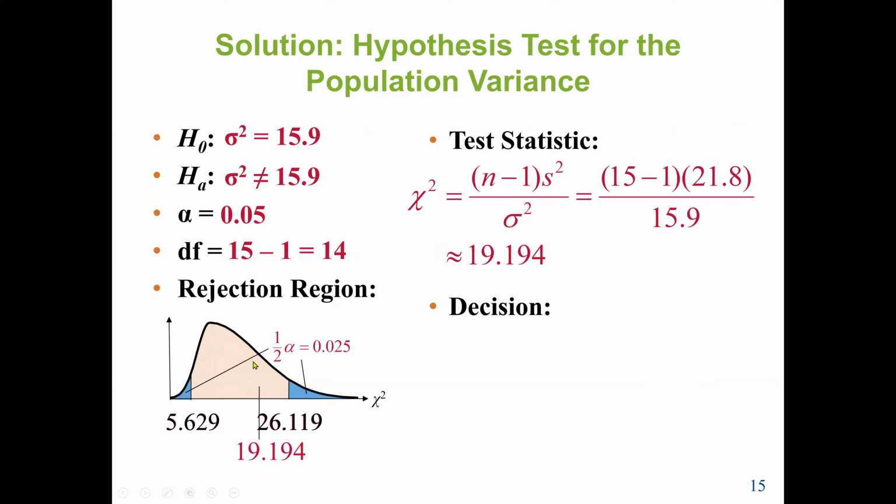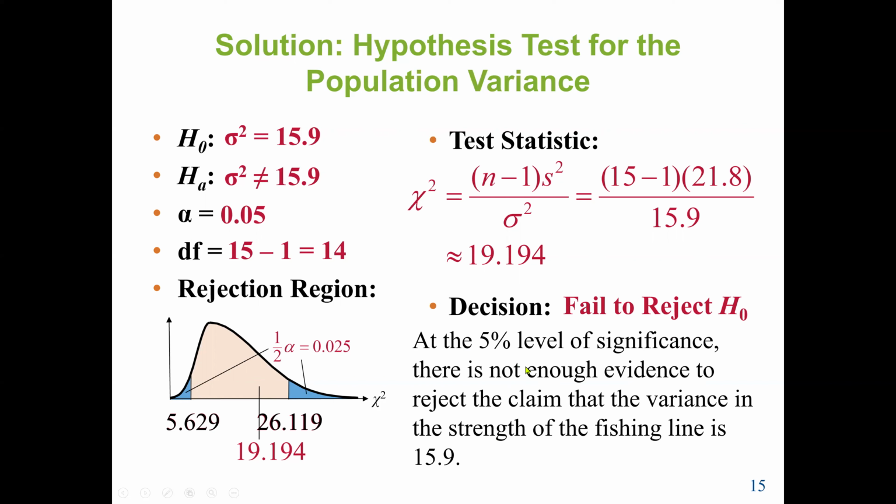So this time we fail to reject H0. At the 5% level of significance, there is not enough evidence to reject the claim that the variance in the strength of the fishing line is 15.9.